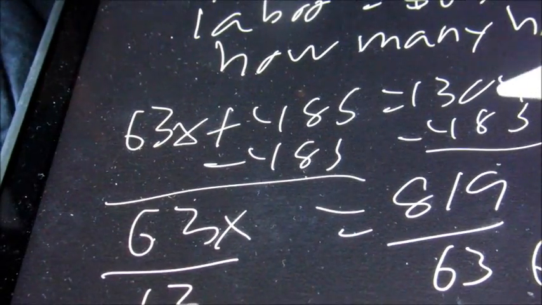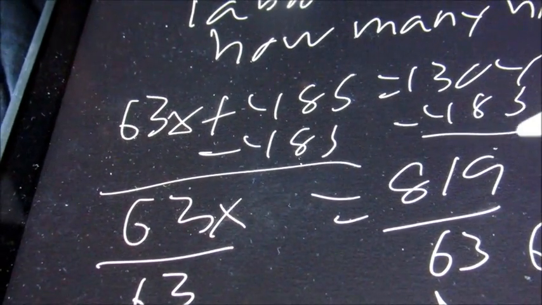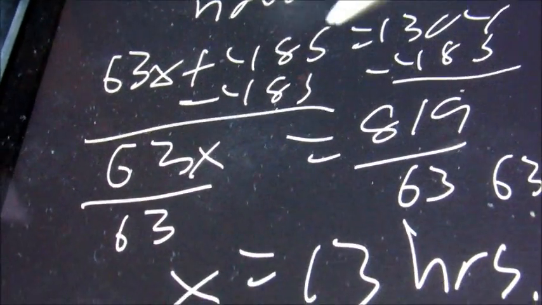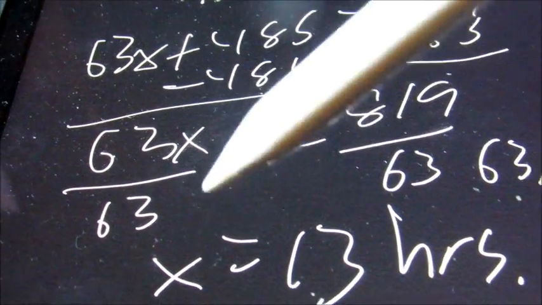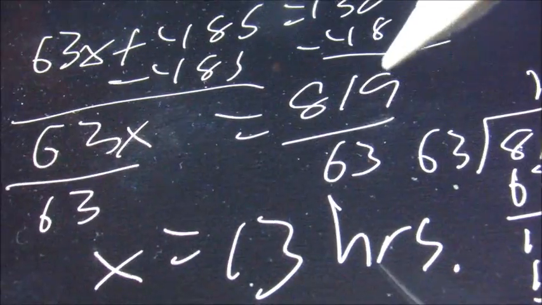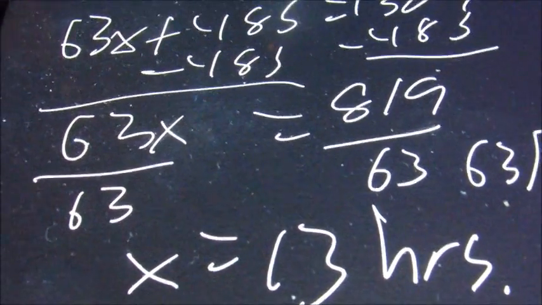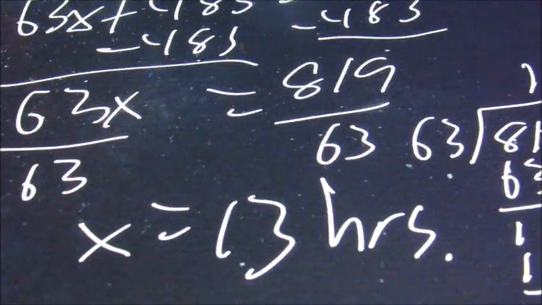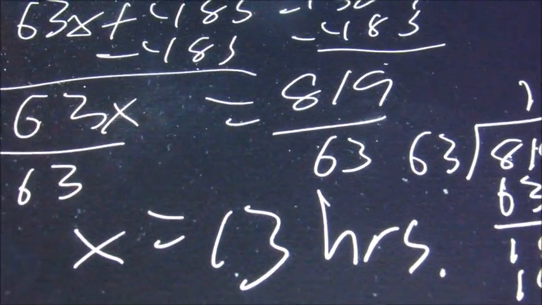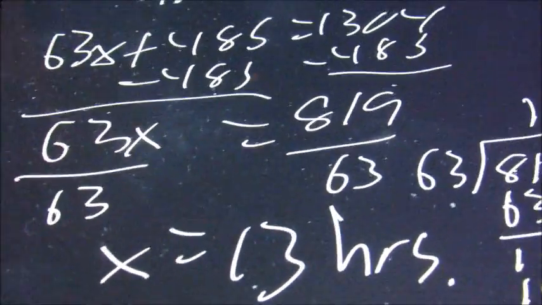Subtract 485 from both sides, we get 63x equals 819. Divide both sides by the 63 so that we have just 1x equals, and 819 divided by 63 is 13. And that is it for section 3.5.